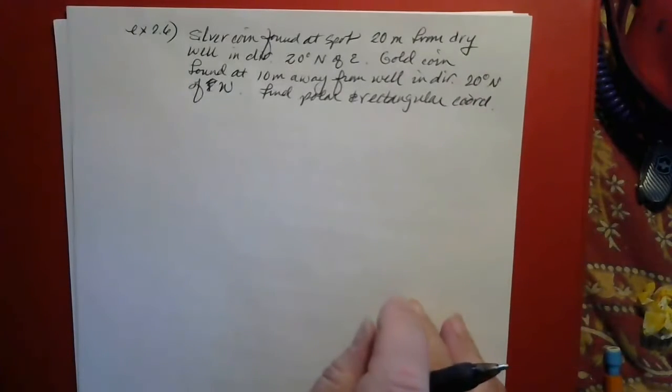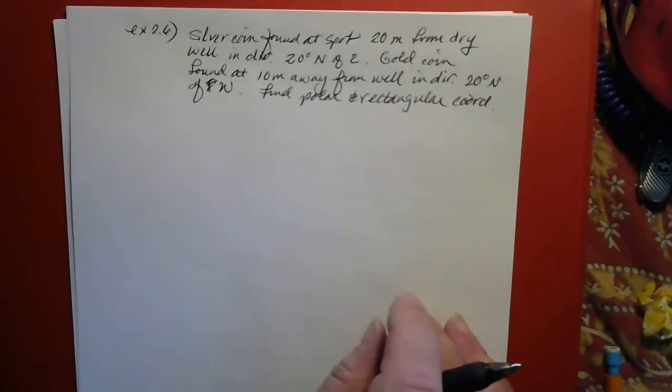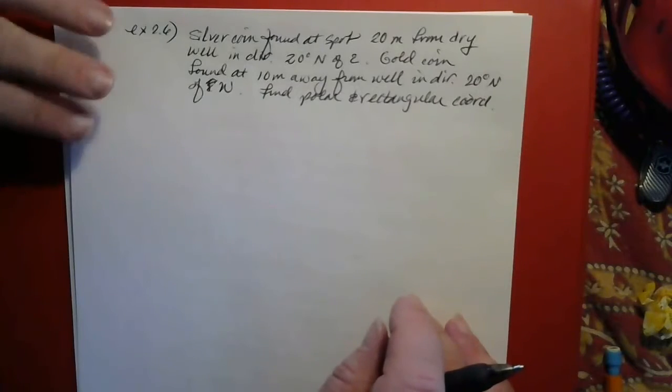So what you want to do here is find the polar and rectangular coordinates of the coins versus the well.